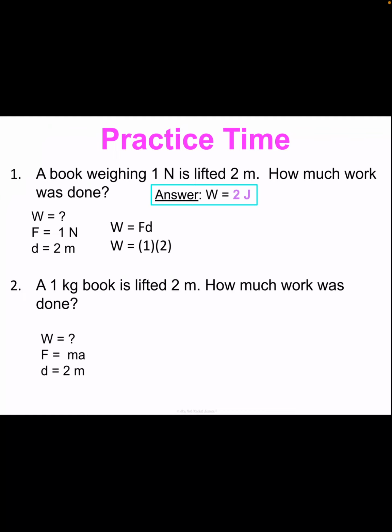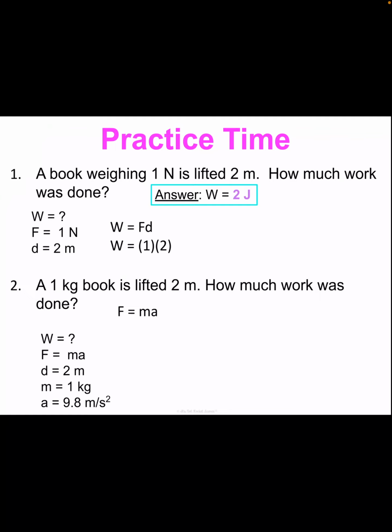Either way you'll get there. So the mass is 1 kilogram. Normally I wouldn't need mass, except I need it now to solve for force. And your acceleration is 9.8 meters per second squared, because that's given when you're talking about lifting something. So here's how it looks if you solve for force separately.